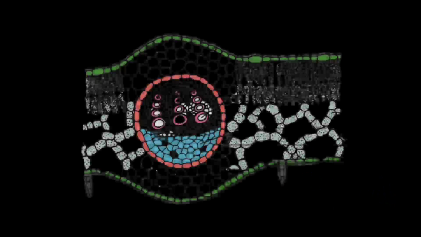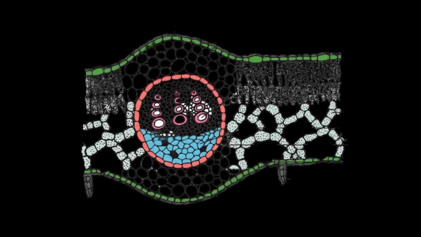This is the diagram showing the transverse section of dicot leaf. Just see the outline of the diagram. Both upper epidermis and lower epidermis are shown in green color. Count the layer of cells.